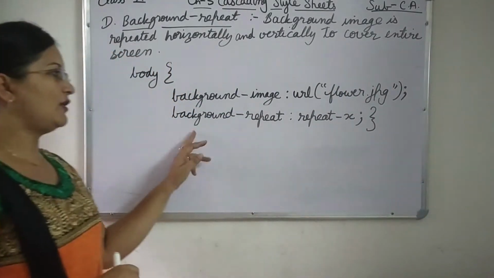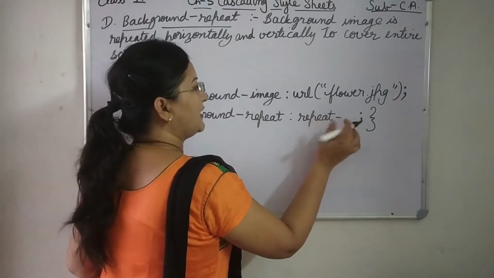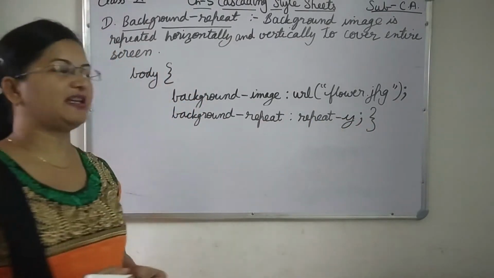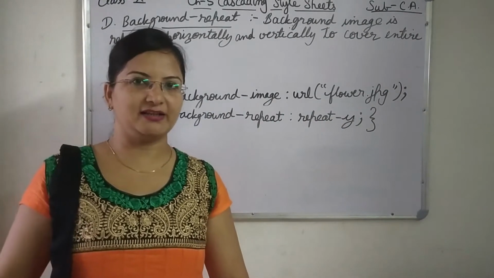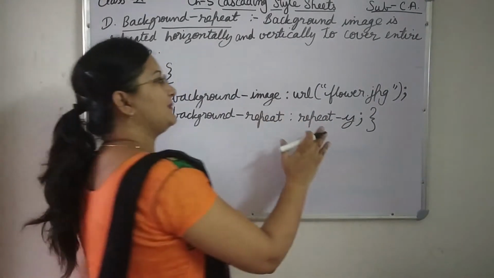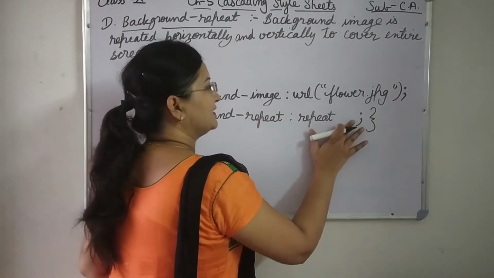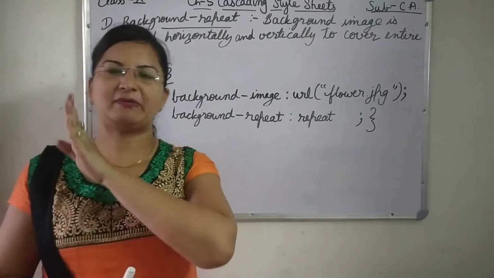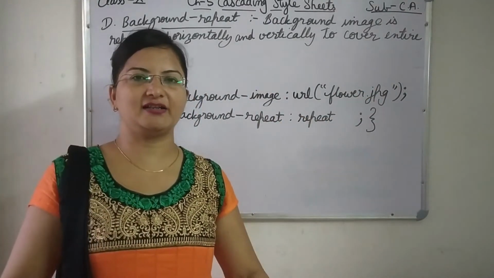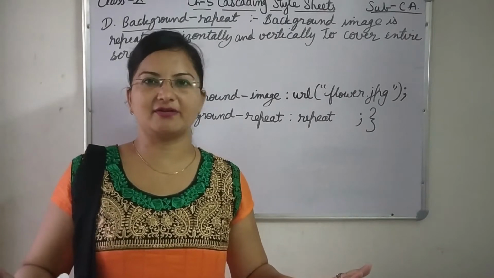Now if I write Y here, that means the image will be repeated vertically. If I simply write repeat, that means the image will be repeated horizontally and vertically. That means the whole screen will be covered.